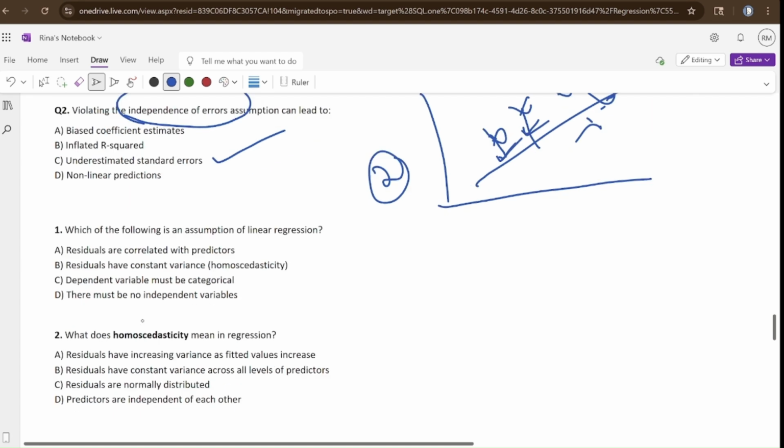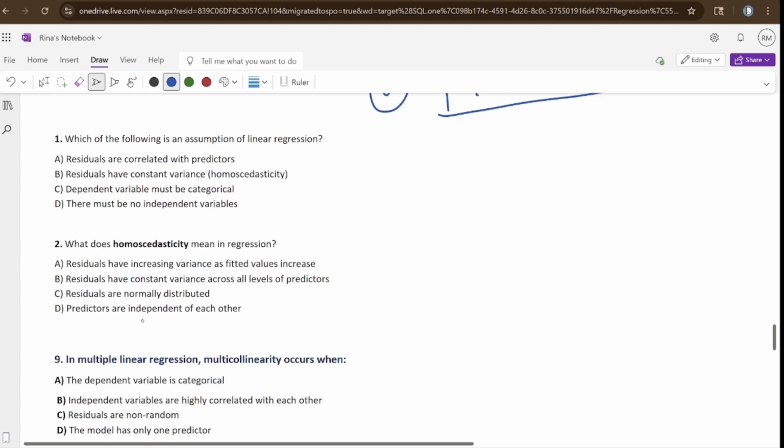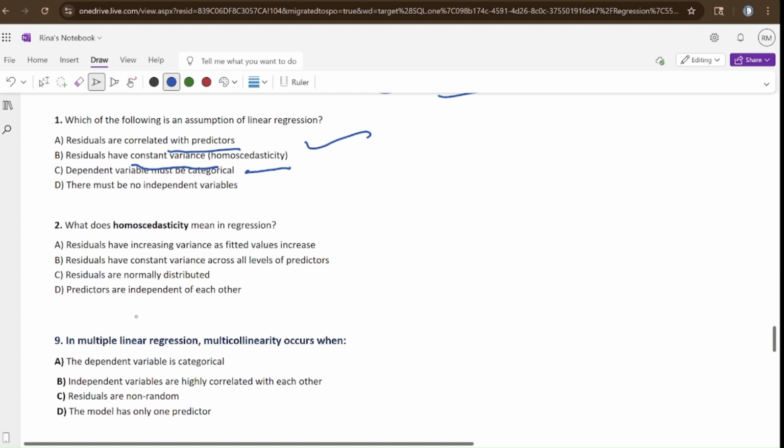Now, which of the following is an assumption of linear regression? Residuals are correlated with predictors? Residuals have constant variance, that is homoscedasticity. Okay. So what does homoscedasticity mean? Homoscedasticity means residuals have constant variance across all levels of predictions.